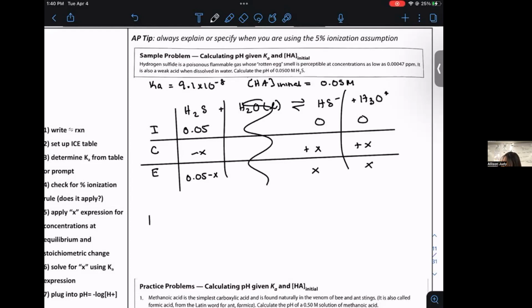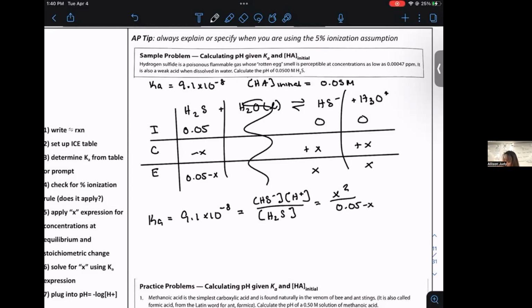So according to my Ka expression, 9.1 times 10 to the negative 8th is going to equal my HS minus times my H plus all over my H2S concentration, which is going to equal x squared all over 0.05 minus x.